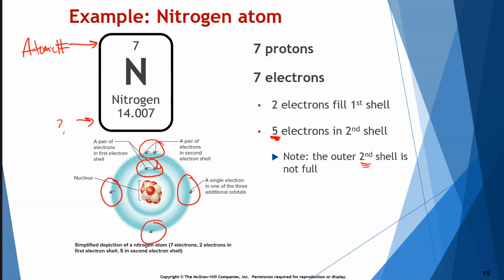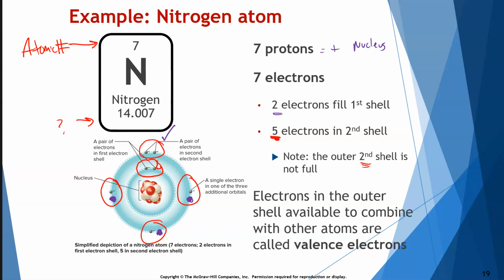We still have space for an electron here, and here, and here. This orbital is full at the top. But again, that's 7 protons, 7 positive items in the nucleus, and then also 7 electrons, which will be 2 in the first shell and 5 in the second shell.